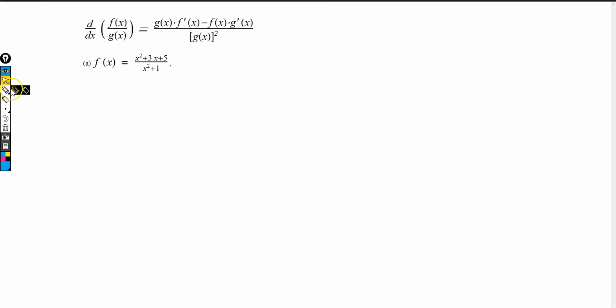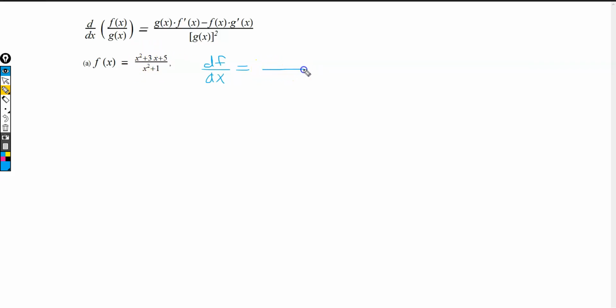Our first example is we just want to differentiate this function, x squared plus 3x plus 5 divided by x squared plus 1. And up here we have the quotient rule stated so that we can see how we're going to follow it. So the derivative of this function, df dx, is going to be, we start at the bottom. It's going to be the bottom term times the derivative of the top term.